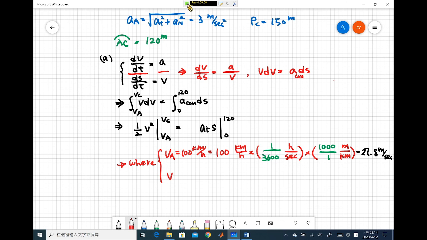You can do the same thing. VC is 50 kilometer per hour, that will be half of VA, so you can directly apply 27.8 to get 13.89 meter per second.